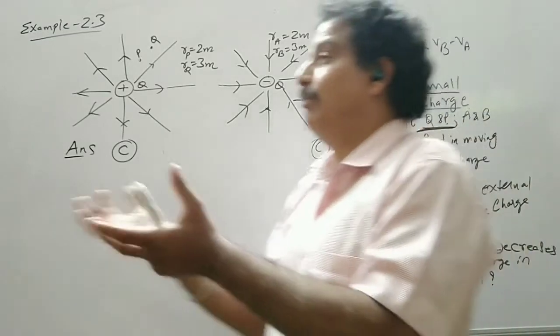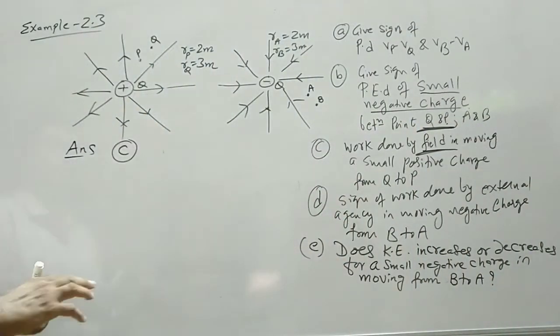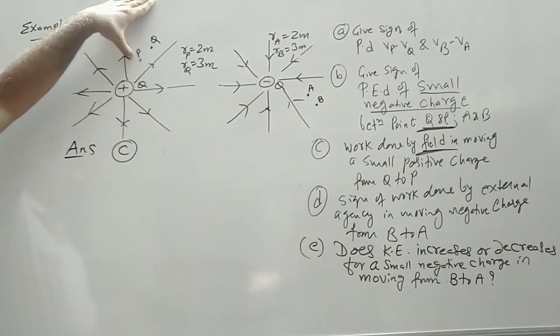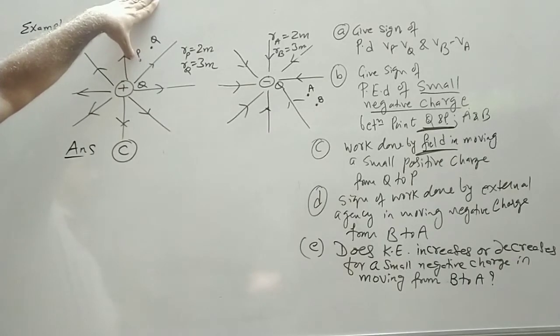But we have to find out the work done by the field. So if I try to bring the unit positive charge from Q to P, then I am moving against the field. So that is work done against the field. It becomes positive. But here it is asked, work done by the field. So remember, if the work is done by the field, the sign reverses.